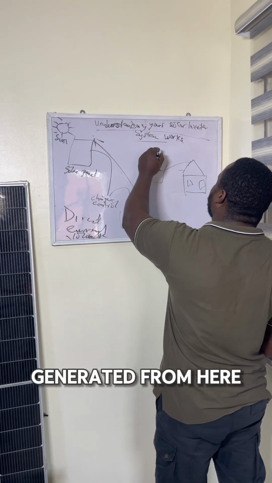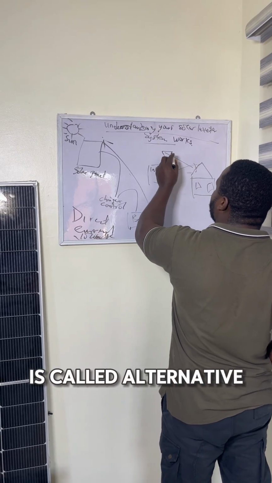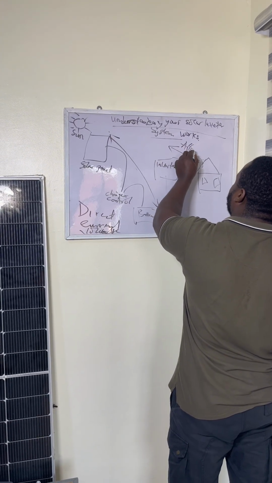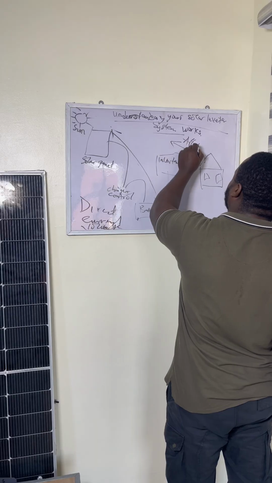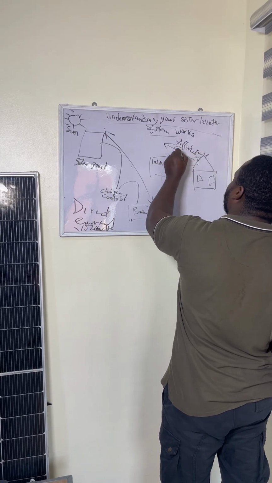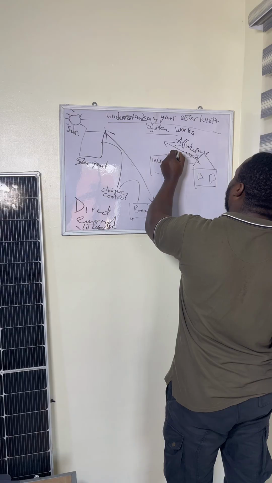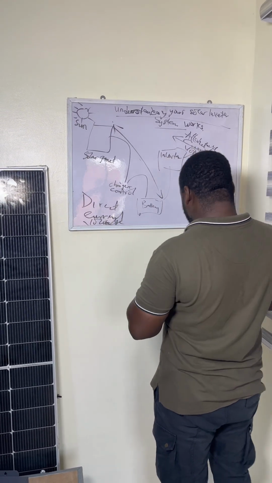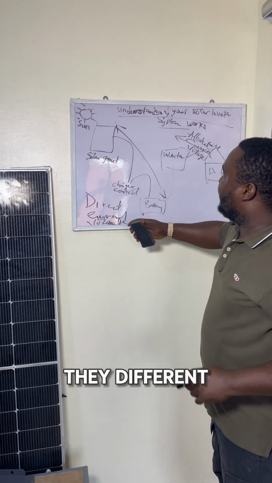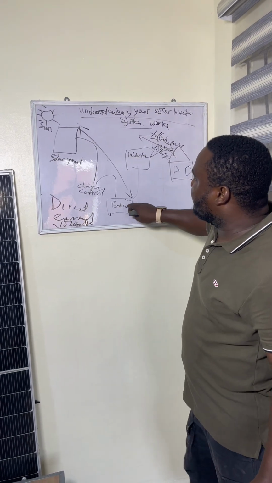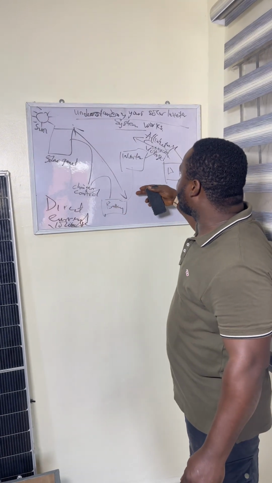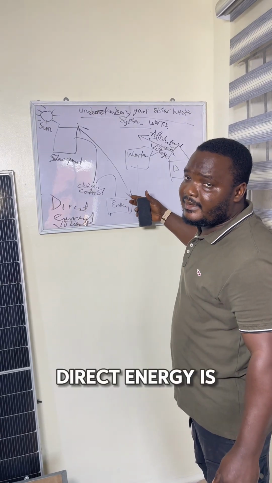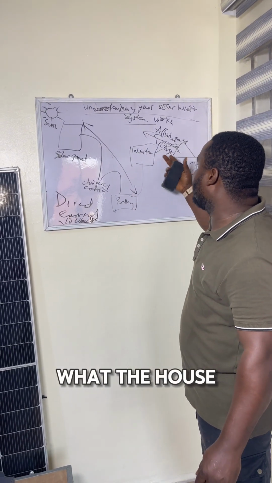And what is generated from here to this place is called alternating current, or voltage, AC. So why are they different? This is a direct system, panel to battery. Then from the battery, the inverter converts this DC current, direct energy, to what the house can use.